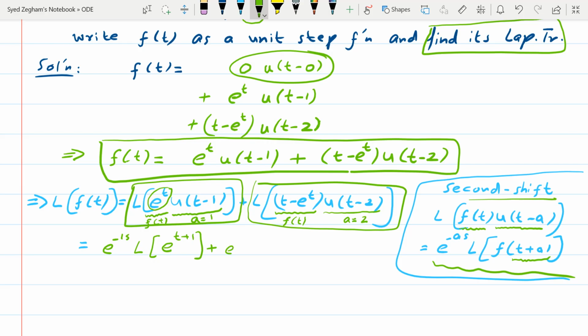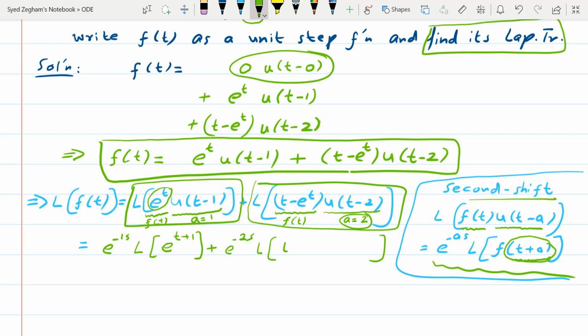e to the power minus 2s, Laplace transform of, in my function f(t), I will replace t by t+a. My a is equal to 2 here, so I will replace t by t+2. Wherever I see t, I will replace it by t+2.